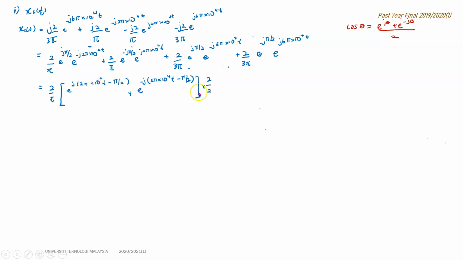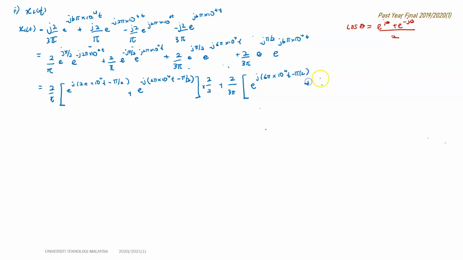Okay, so you put like this, and then we plus another part, which is n equal to 3 here. So you take out 2 over 3 pi from the bracket, and then take the positive omega first. So exponent j, 6 pi multiplied by 10 power of 4t. And then here, because we already took out j, this one is negative pi over 2.